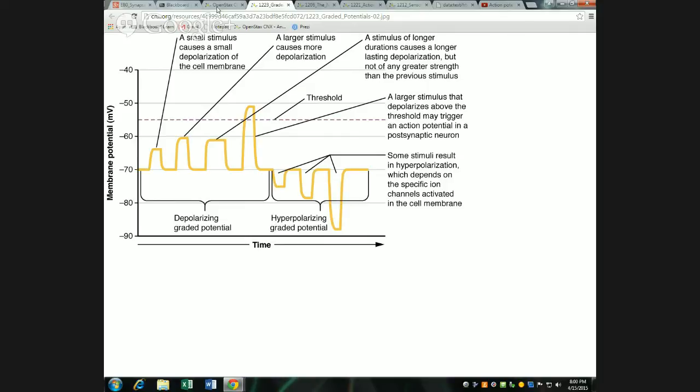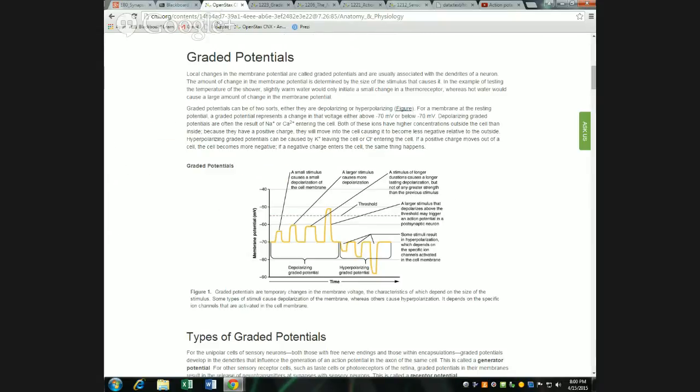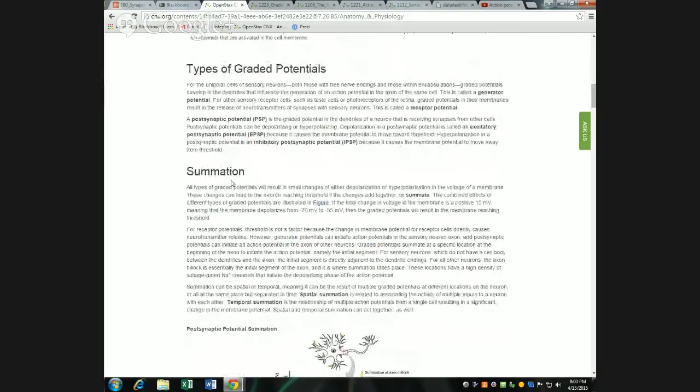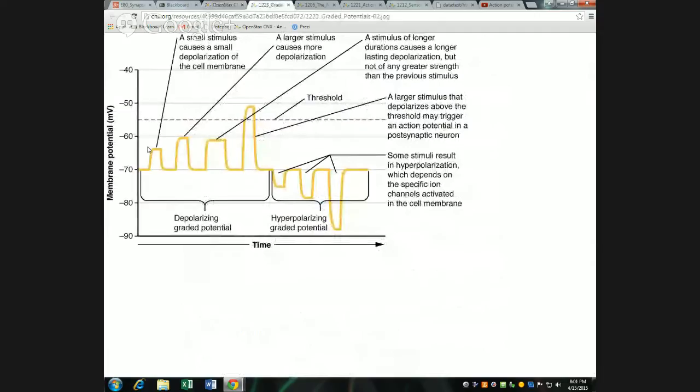The thing is that graded potentials can be added together. Summation, adding together, means that we can take these separate things, and if they occur together, they add up. So if we have one that depolarizes from -70 to -64, and another one that depolarizes from -70 to -60, that means this is a 6 millivolt depolarization.